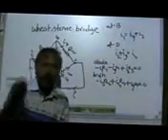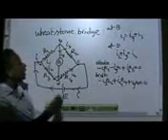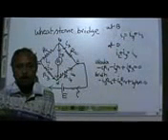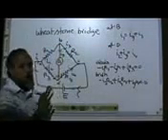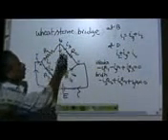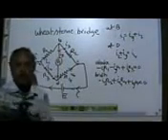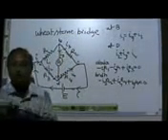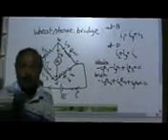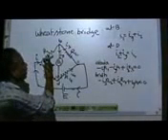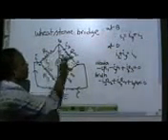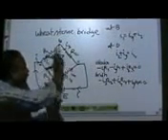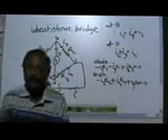Now, the important condition in the Wheatstone's bridge is that there should be no current that passes through the galvanometer. Now, no current passing through the galvanometer means the potentials at the points B and D must be equal. Right? And they can be made equal by suitably selecting the values of the four resistances R1, R2, R3, R4. Actually, in this circuit, we have considered all these four resistances to be fixed resistances.